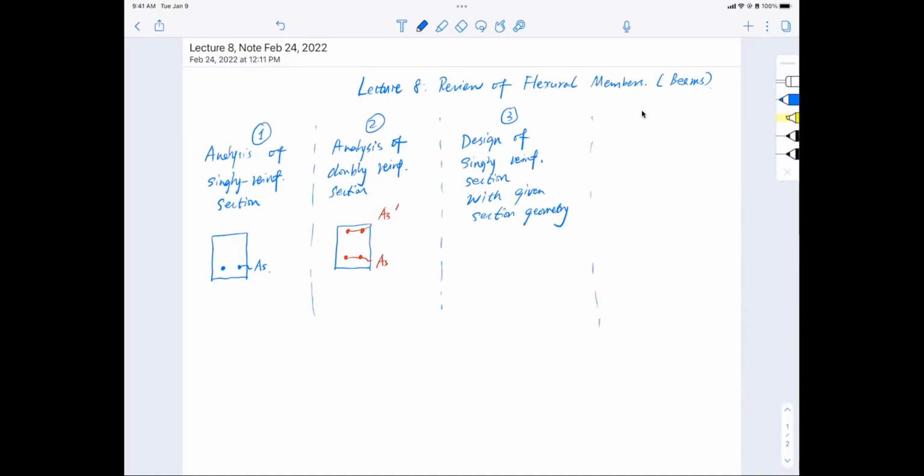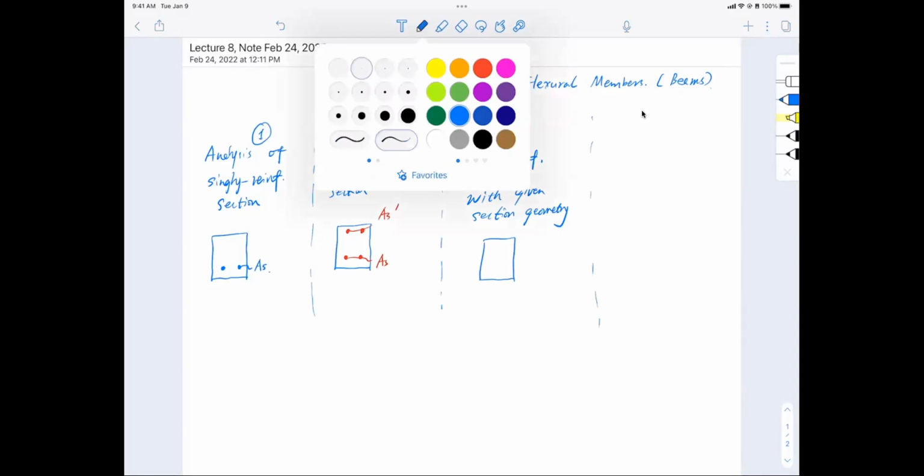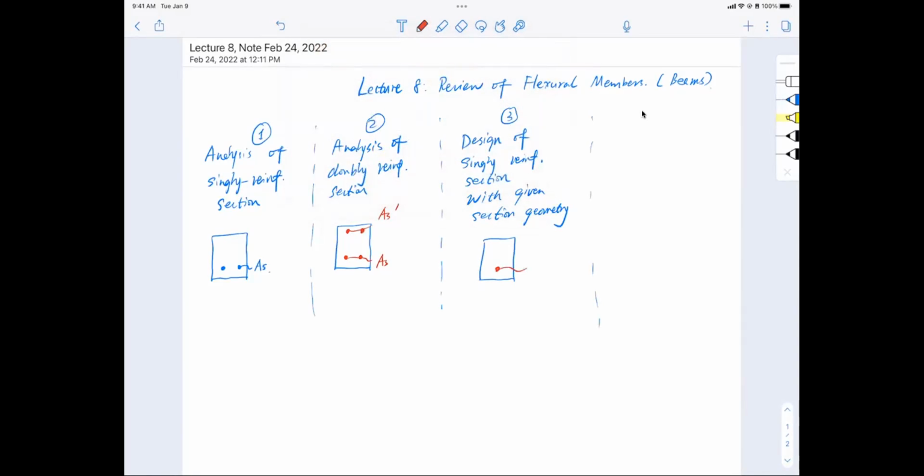To simplify, I'll use red color for my AS. So B is given, H is given, f prime c is given, and fy, the yield strength, is given. What would be the reinforcement needed for the singly reinforced section?